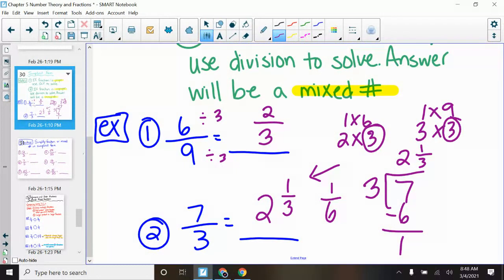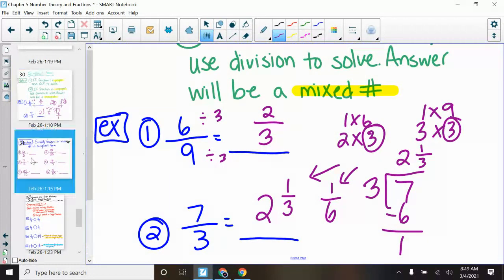No, because when you get to 1, you're done. Even if the bottom number was 8,467,293, if the top number is 1, you're done. Okay? The only way we get better is by practice.